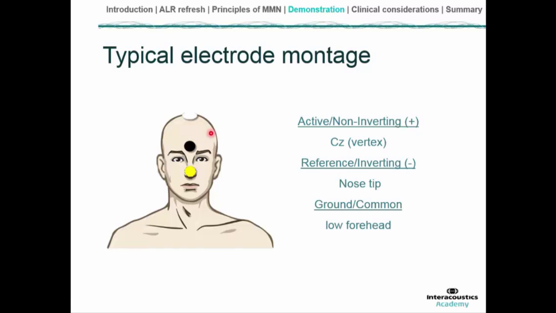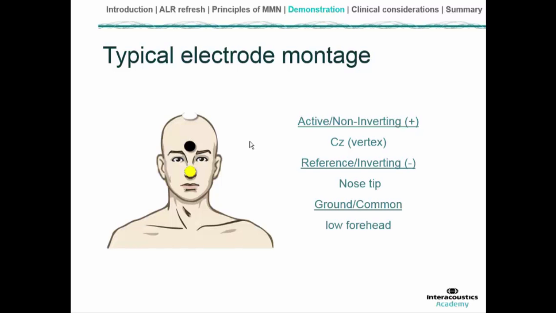So at the point at which you place the electrode below the Sylvian fissure, the MMN should invert. This is actually quite useful for distinguishing the MMN from the N2B, which doesn't invert when you get to that position. But typically in a system such as the Eclipse, where you have one or two channels available, this might be a typical electrode montage.